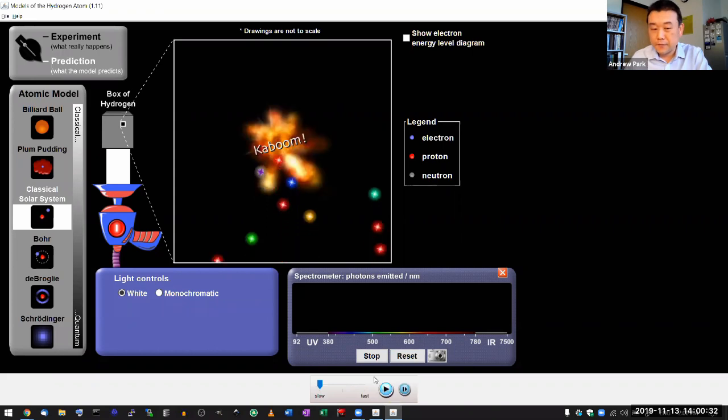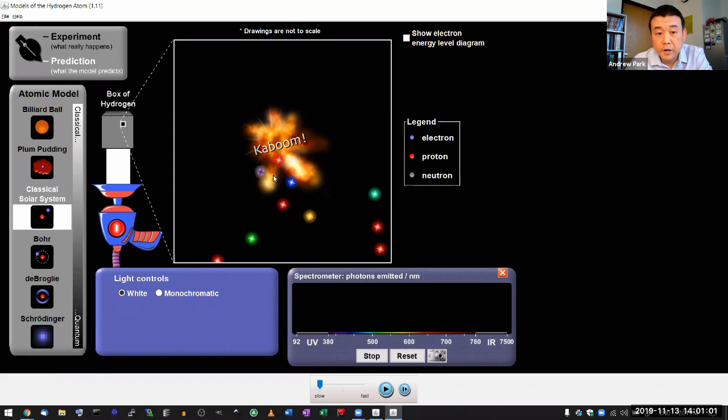And the reason for this is the theory of electromagnetism. We talked about in chapter 12 how an oscillating charge produces electromagnetic waves. This electron that's orbiting the proton is an oscillating charge, and that oscillating charge has to emit electromagnetic waves.